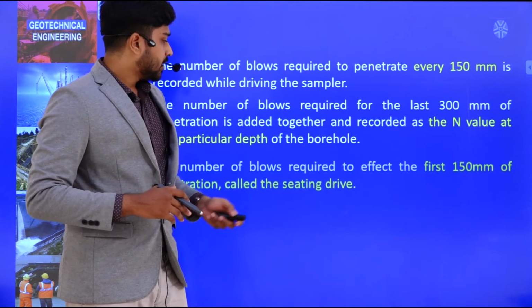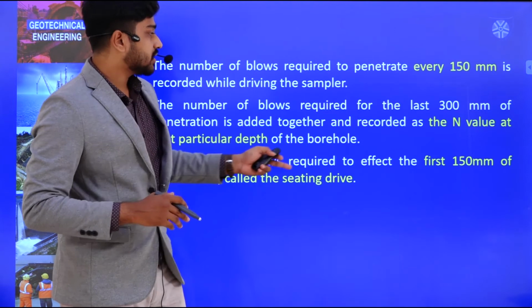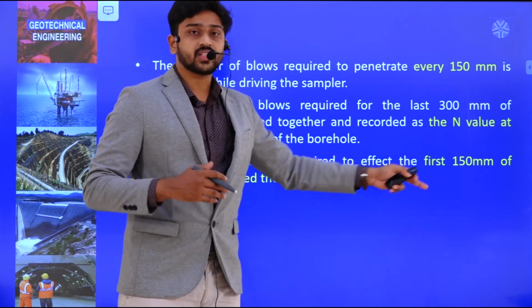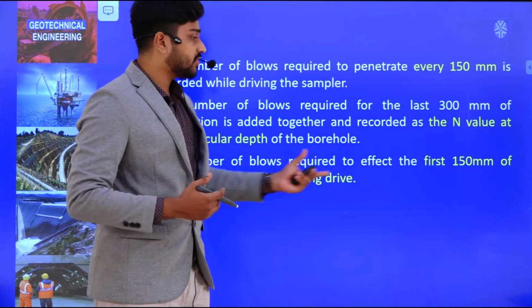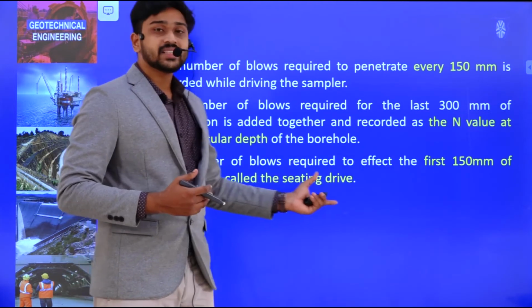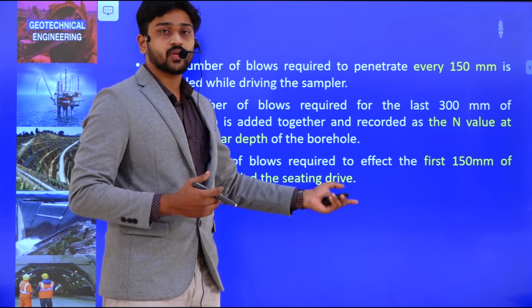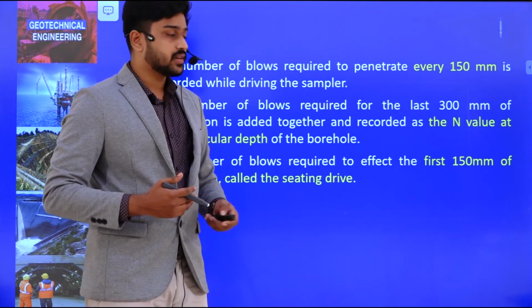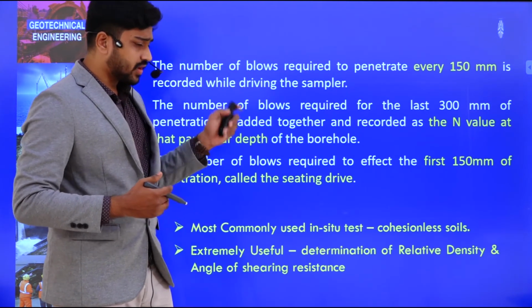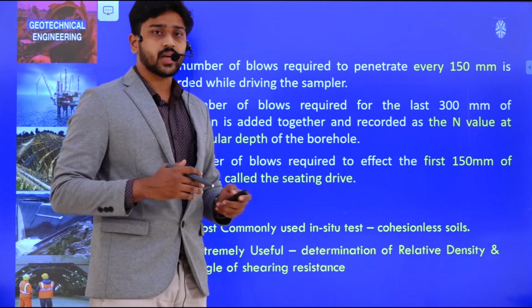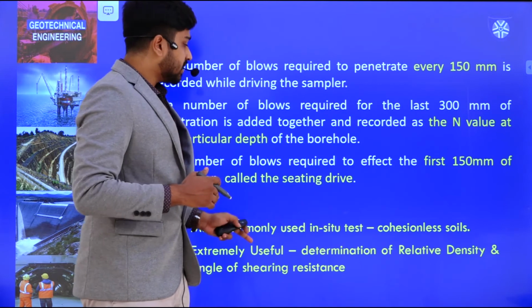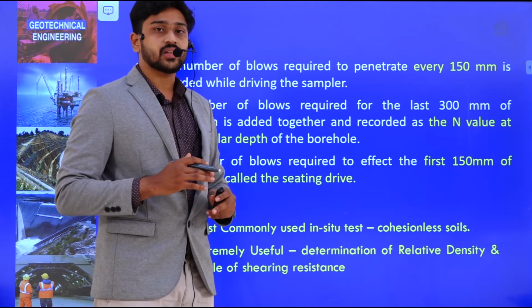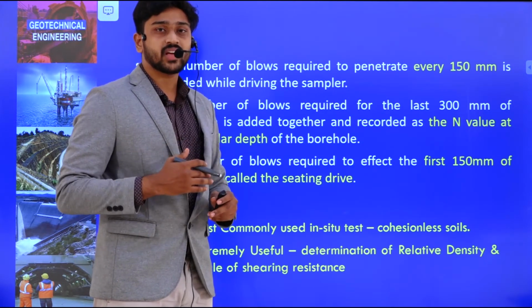Now, furthermore, the number of blows for the first 150, say if I have got the readings only for the first 150, that 150 blows reading is known as the seating drive. Okay, that 150 blows reading is known as the seating drive. Clear? And furthermore, one thing we need to remember regarding this type of test is that it is one of the most commonly used in situ tests, and it is generally used for cohesionless soils, okay, to perform in a very convenient way.